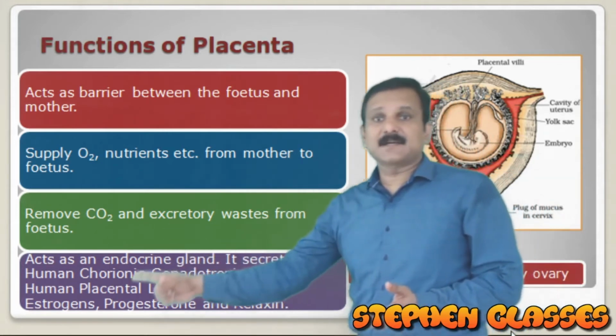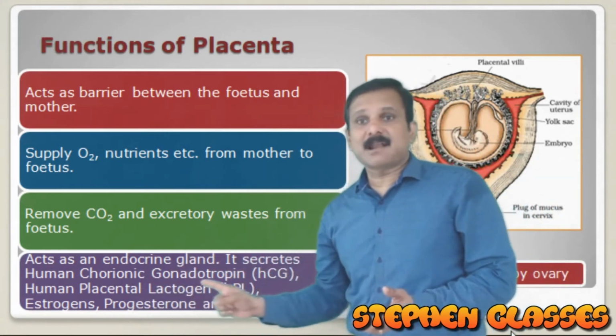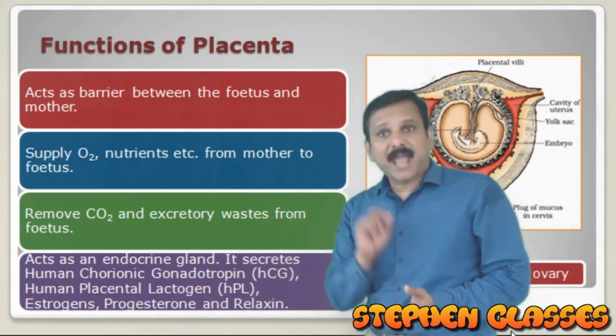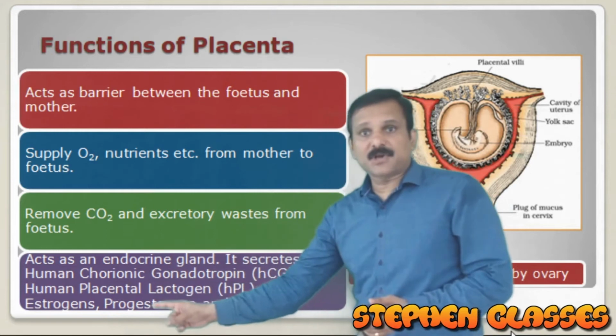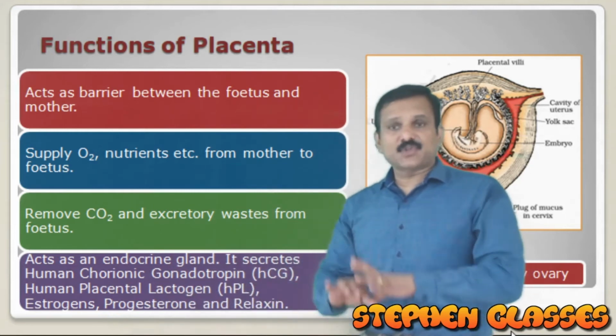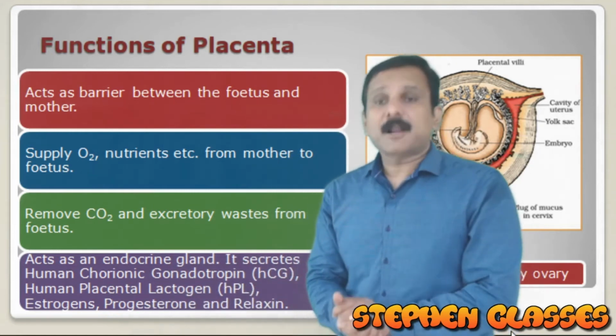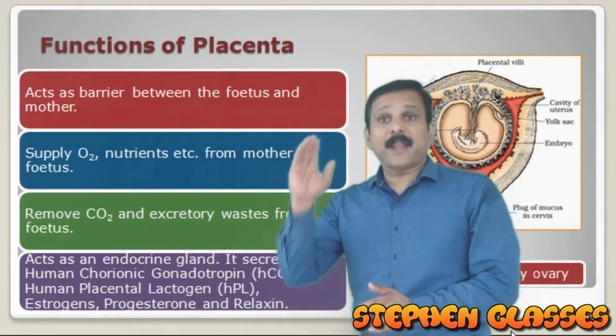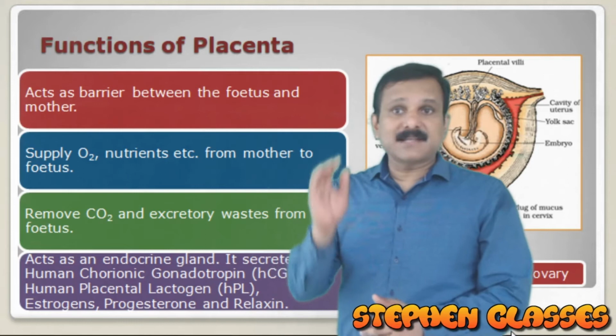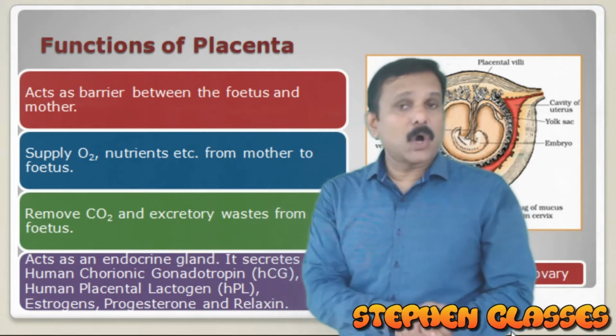Another hormone is human placental lactogen, or HPL. Then estrogens, progestogens, and relaxin. All these hormones are produced by the placenta, so the placenta has an endocrine role.